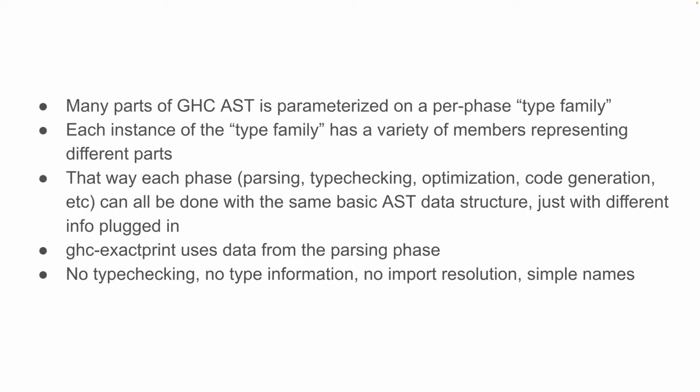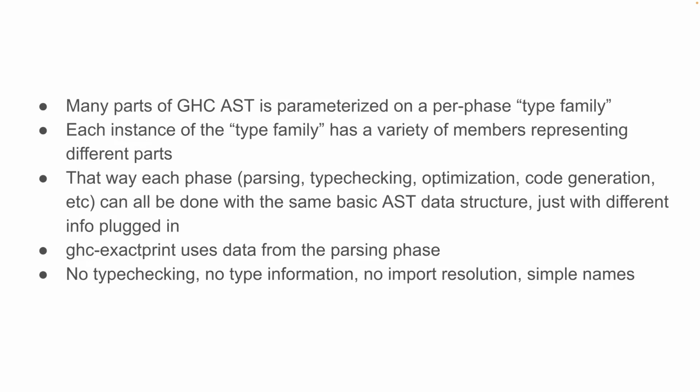This way each phase can hang on different information. So like the parsing phase, the type checking phase, the code generation phase, the information from the previous phases can be kept there while you're still using the same basic AST through and through in a type-safe way. GHC AST uses the data from the first or near the first parsing phase.